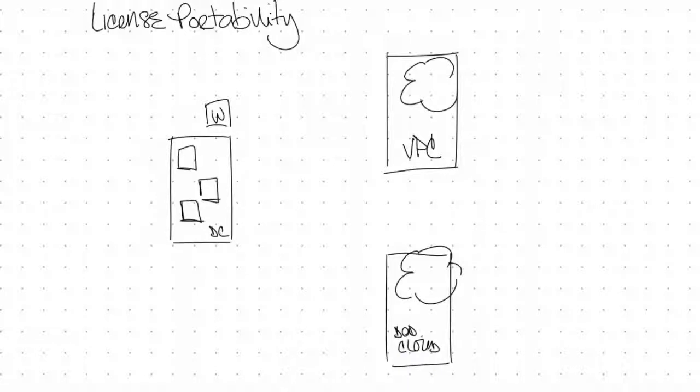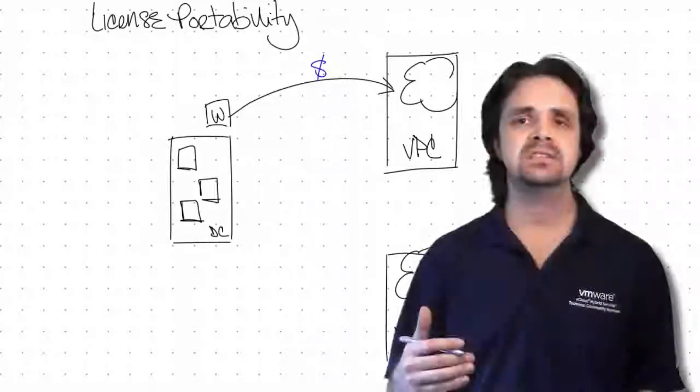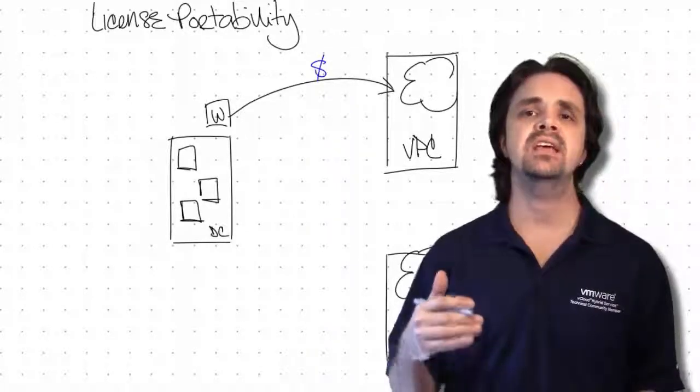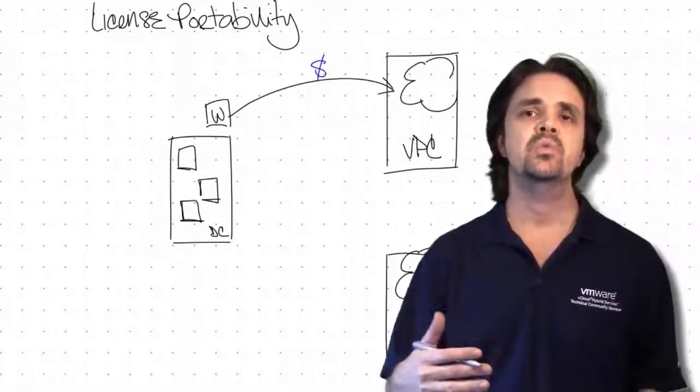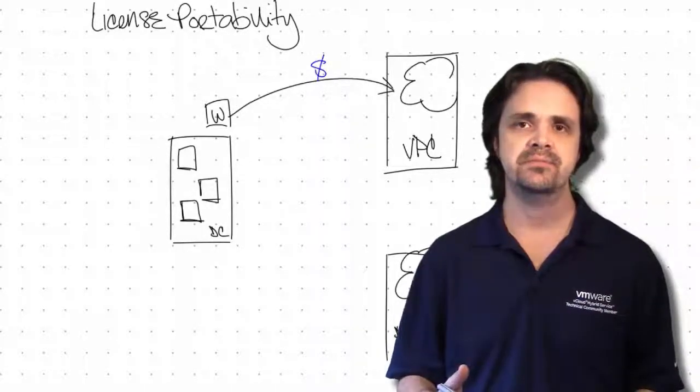Out here inside the data center, we've got a Windows virtual machine. We decide that we want to port that machine out into our virtual private cloud instance. We need to understand that when that happens, there is going to be a cost incurred, because what's happening is we're now going to have to use a Windows operating system license in order to maintain adherence with Microsoft licensing agreements.